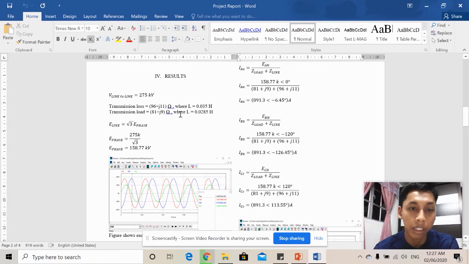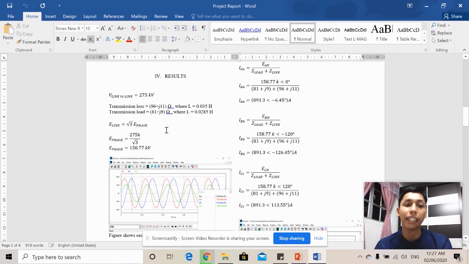For the transmission line, I get 96 plus imaginary 11 ohm, where L equals 0.035 Henry. Next, the transmission load equals 81 plus imaginary 9 ohm, where L equals 0.0285 Henry.